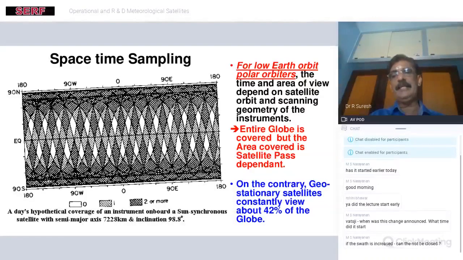All the words I can put. The only thing is, the other side of the globe, the geostationary satellite will probably not be in a position to cover. That is why I am saying that the geostationary satellite will cover almost 42% of the globe once it is placed over a particular longitude over the equator.